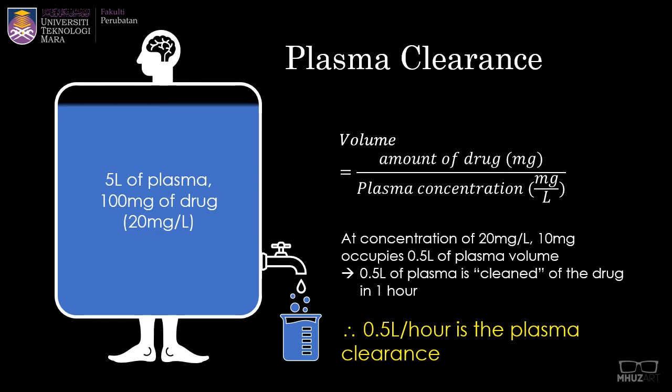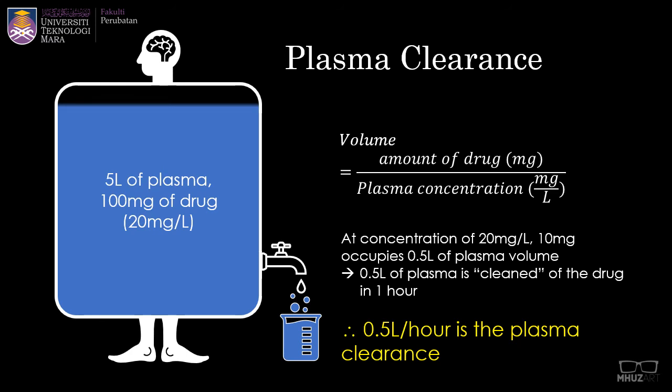So the plasma in the big container still contains the drug, whereas the plasma in the smaller beaker here, 0.5 liters of it, has been cleaned of the drug, which is what plasma clearance is all about.